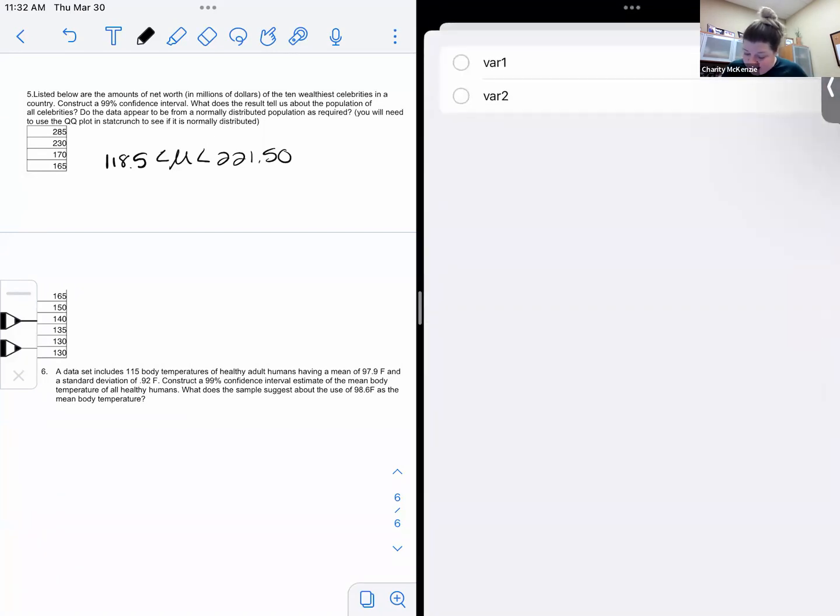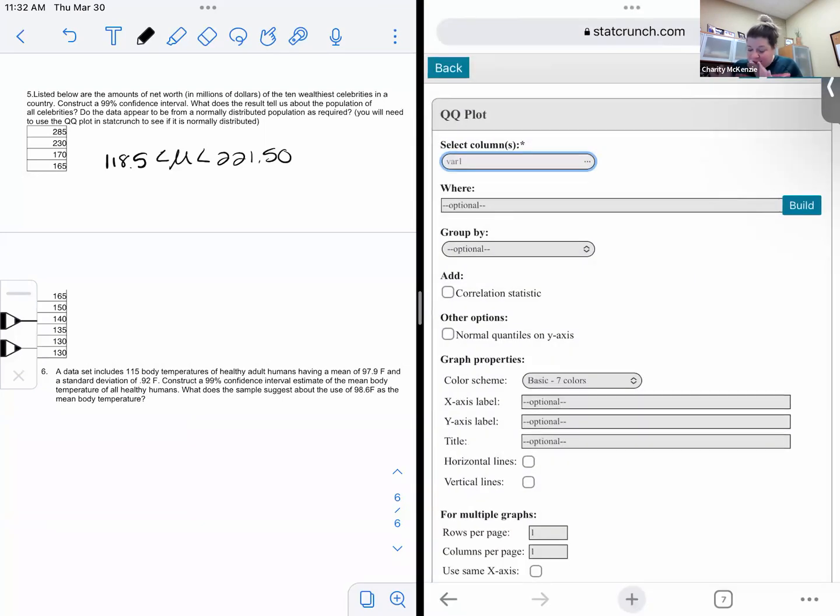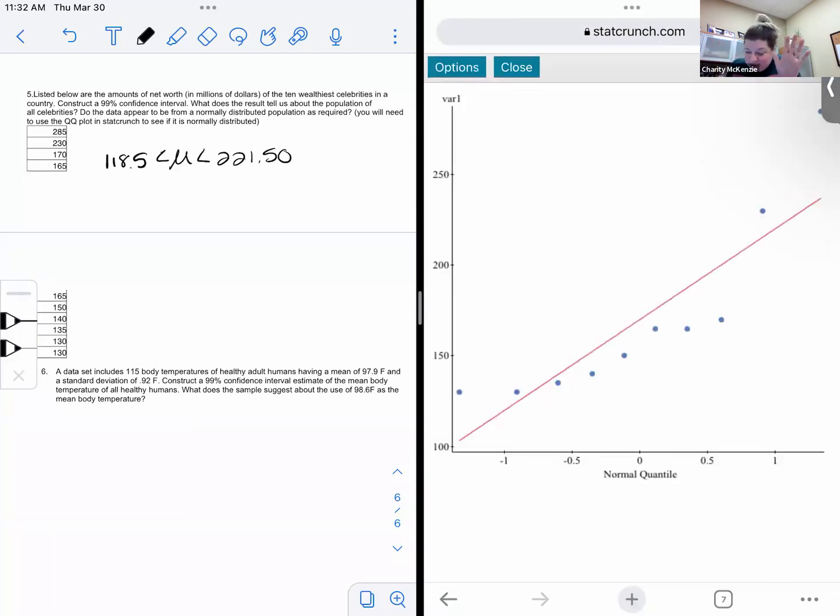You don't have to change anything on a QQ plot. You really truly just put the data in, push compute. Does it form a line? That's a big fat no. It should be a very accurate line. Those dots should be on the red line. So no, it does not appear to be normal. Whether we use a QQ plot or histogram, still not normal.